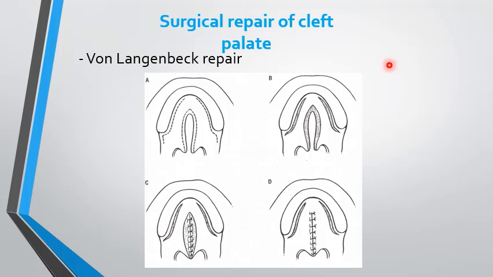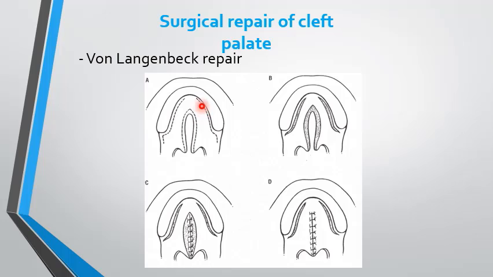The surgical repair of the cleft palate also has many different techniques. The most common one is the von Langenbeck repair, which is shown here in this illustration. First we create incisions in the midline here, and then we create incisions laterally on both sides here.